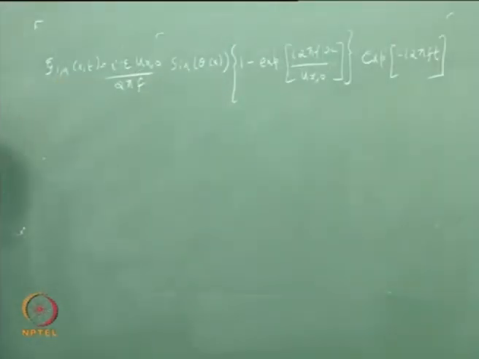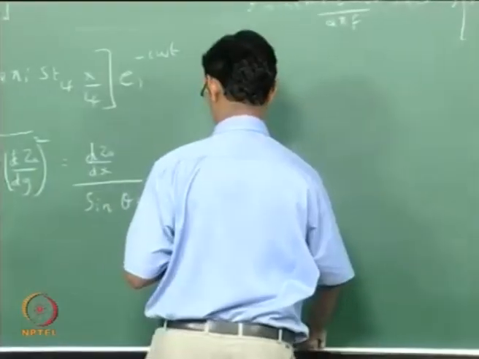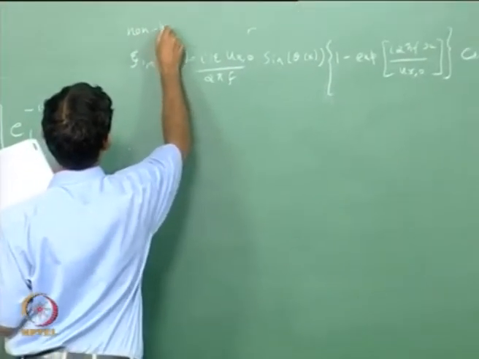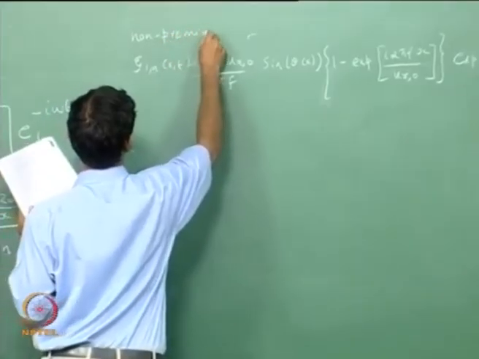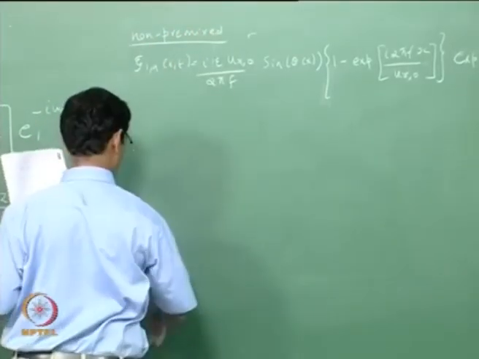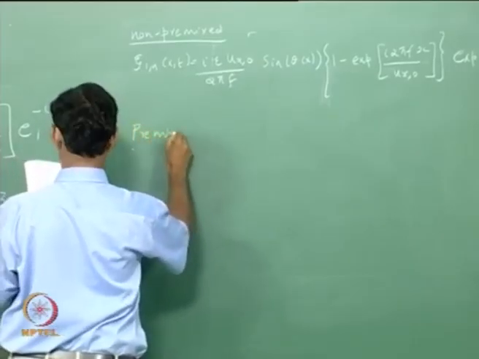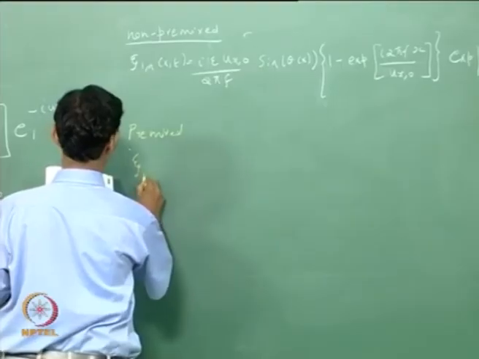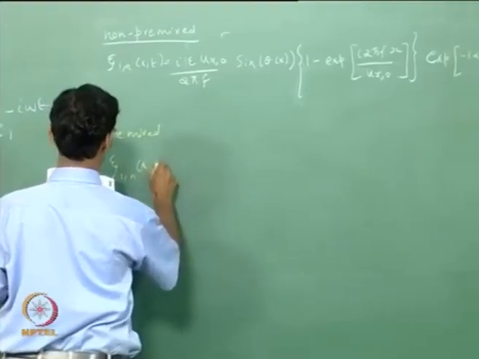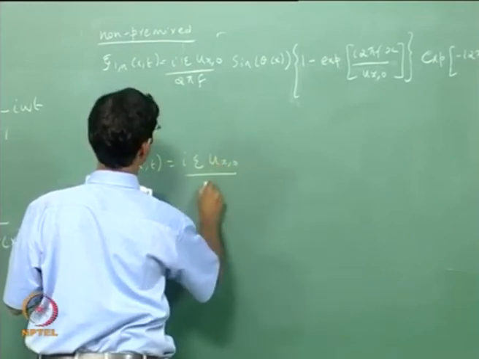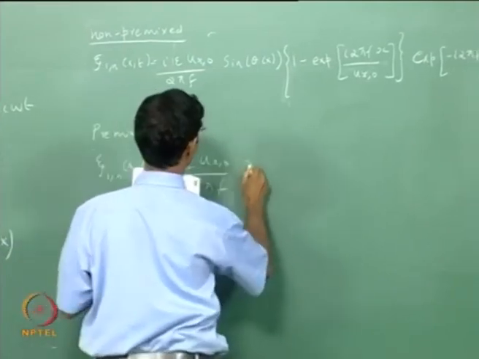Okay. Now let us write the corresponding formula for premix flame and see whether there is anything in common. So this is for non-premixed and let us write for premixed. So you see the formula is very similar.